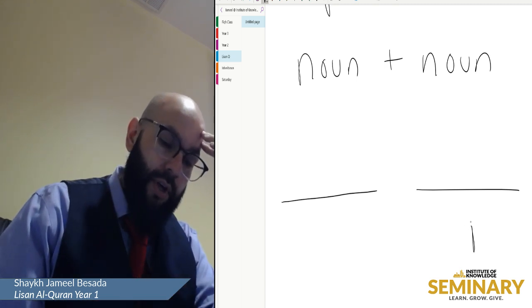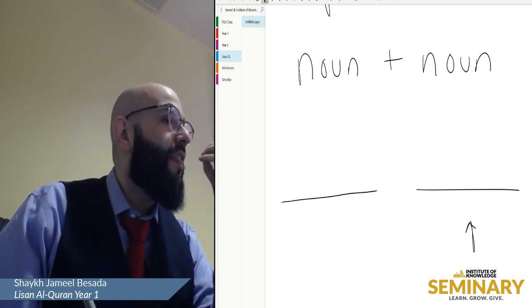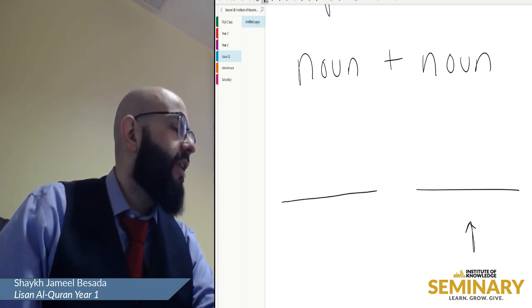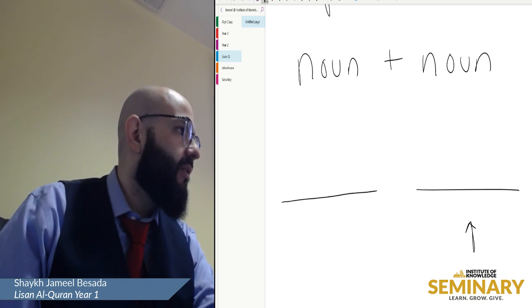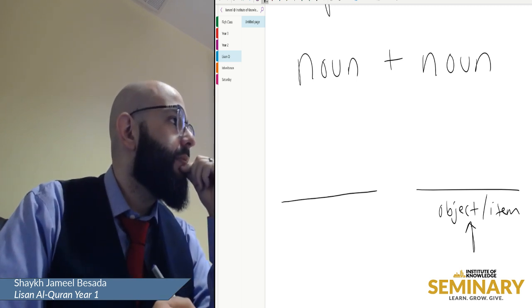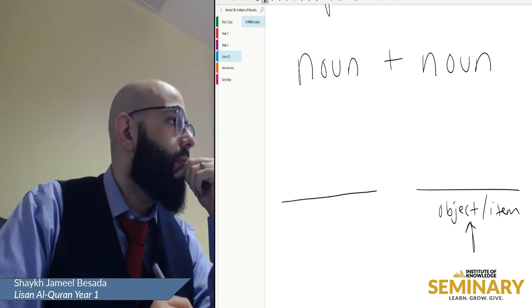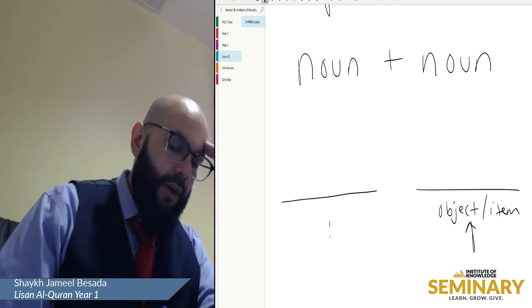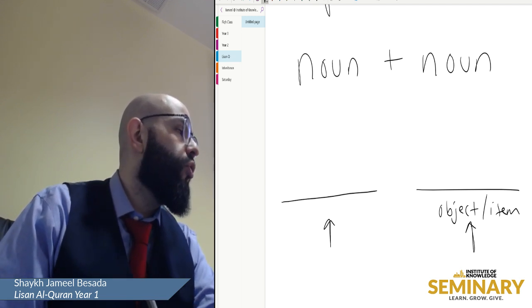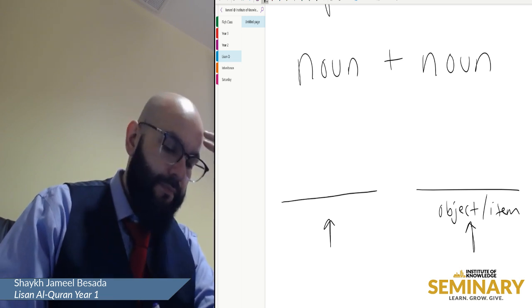So the first word here is going to be the thing that's being possessed, the item. The object or item that's being possessed. This noun here is going to be the owner, the one who's doing the possessing.